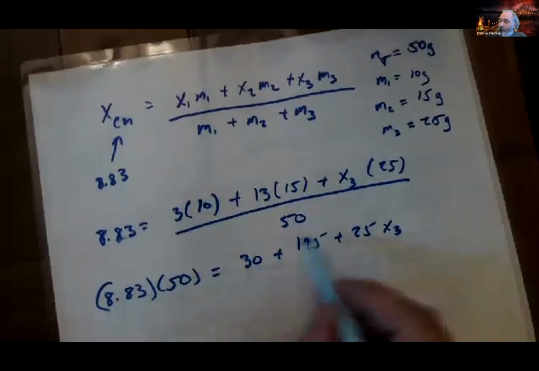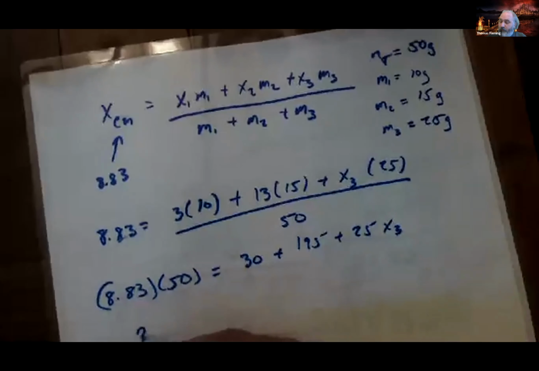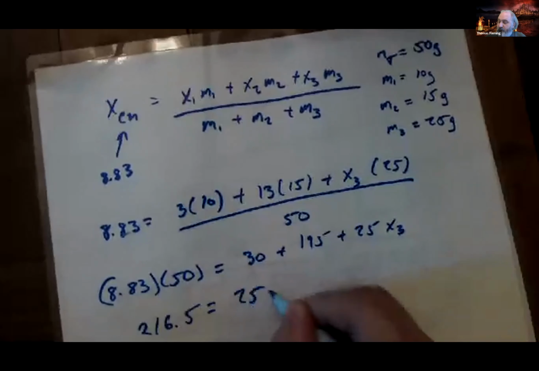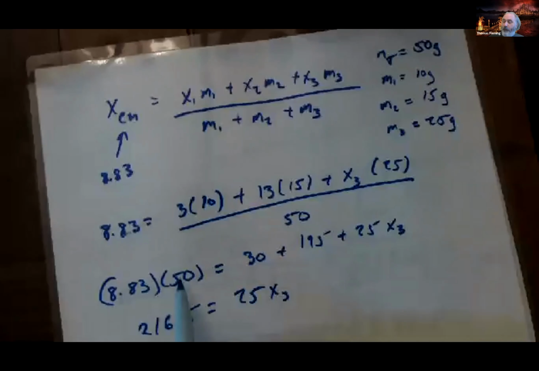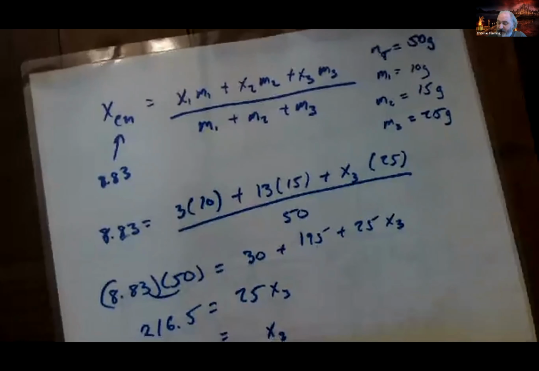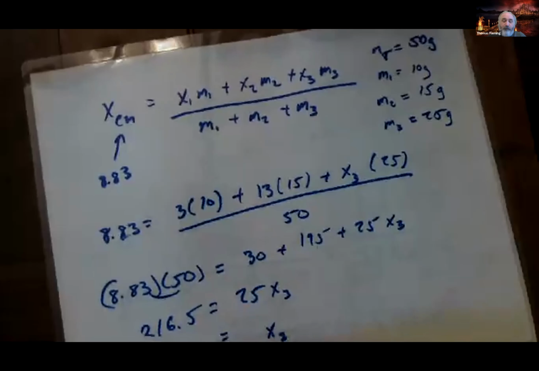So when I move this over and multiply this out, I get 216.5 equals 25 x3. Again, I just multiplied this out. I subtracted 30. I subtracted 195. I got this divided by 25. So apparently the third piece must have landed 8.66 meters from me.